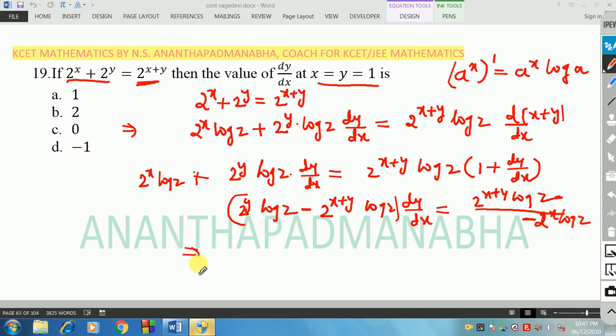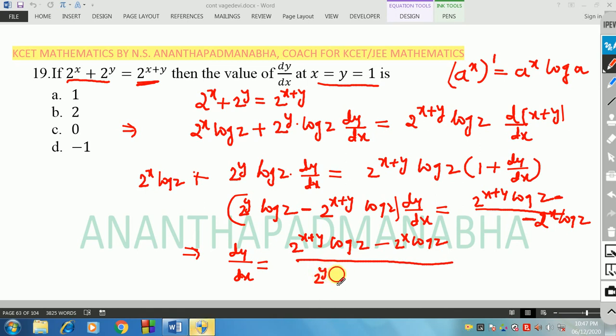So now this implies dy by dx is equal to 2 to the power of x plus y log 2 minus 2 to the power of x log 2 whole divided by 2 to the power of y log 2 minus 2 to the power of x plus y into log 2. Both in numerator and denominator we can take log 2 common and cancel it.